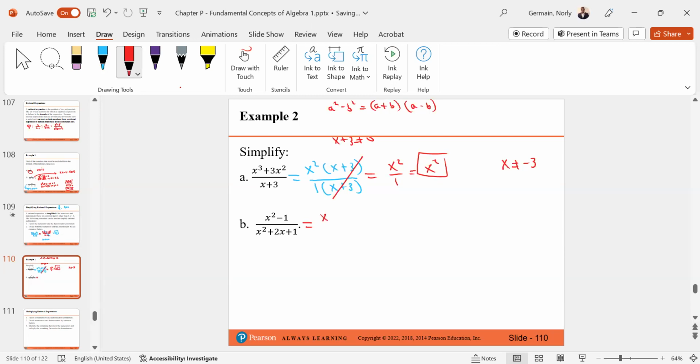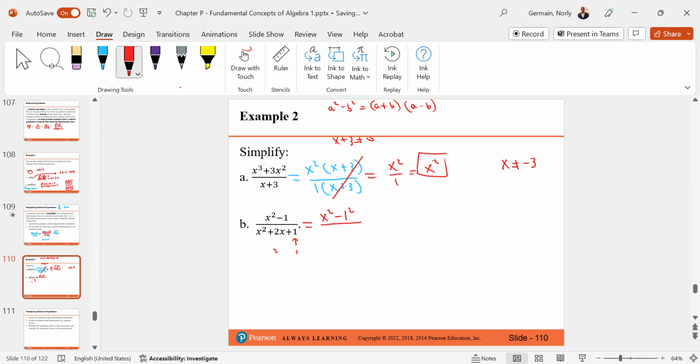Now we see the top one is x squared minus 1 squared, because 1 to any power is equal to 1. The bottom one, the coefficient of x squared is 1. So you're looking for two numbers that multiply to give 1 and add to give 2, which is 1 times 1. 1 times 1 is 1, and 1 plus 1 is 2.